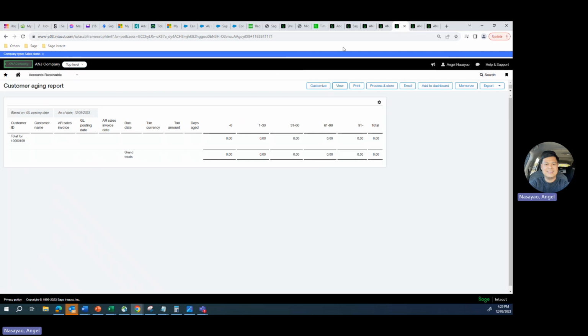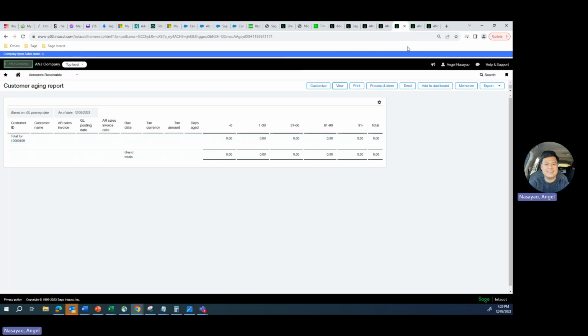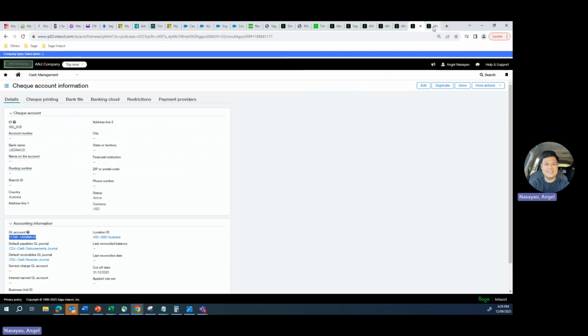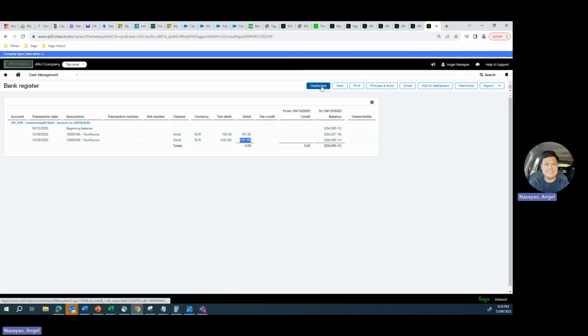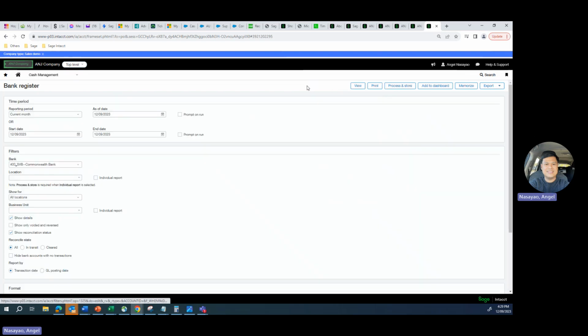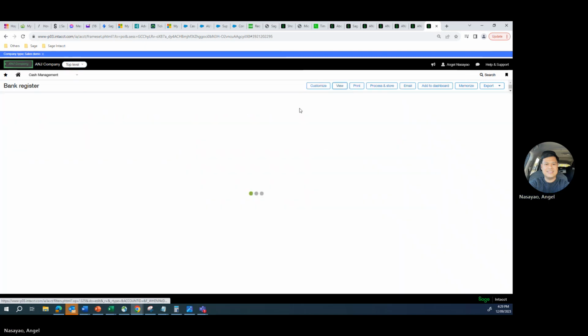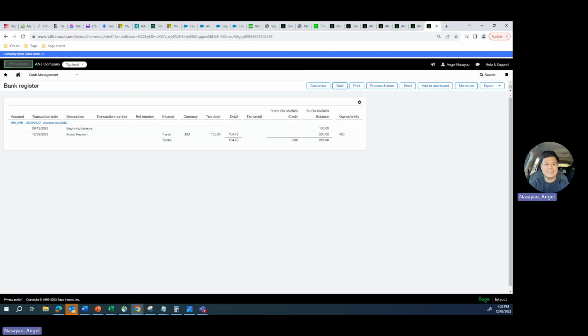If we have a look, let me rerun this customer aging to see the impact. Nothing in there. Even for the bank register for the AUD bank account, let me double check. There's nothing new. But if you change this to the other one, I think it's 960, right? 960 USD in AUD. We should be seeing it here, which is 163.73, the result of the journal entry.